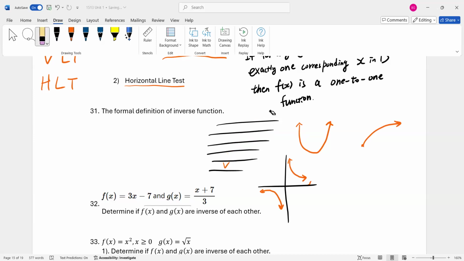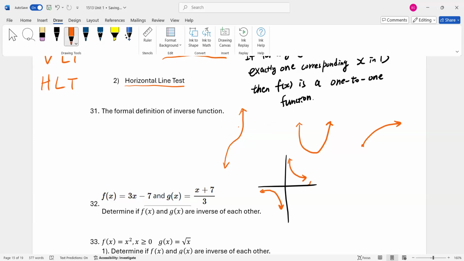It's supposed to be like this, increasing. There isn't a horizontal line crossing the graph more than once. So this cubing function, y equals x cubed, is one-to-one.